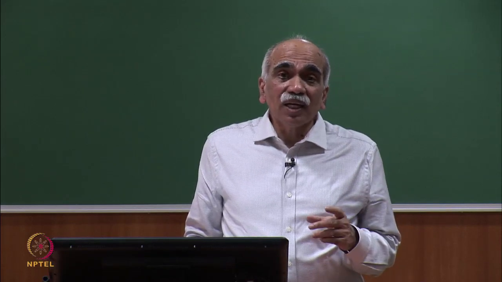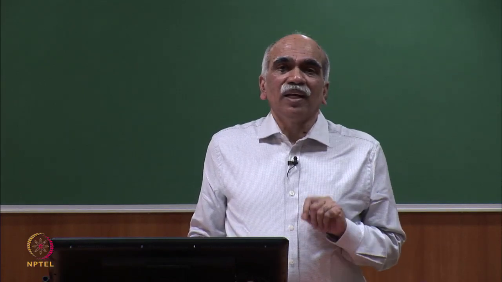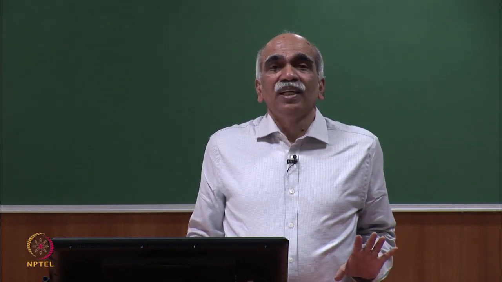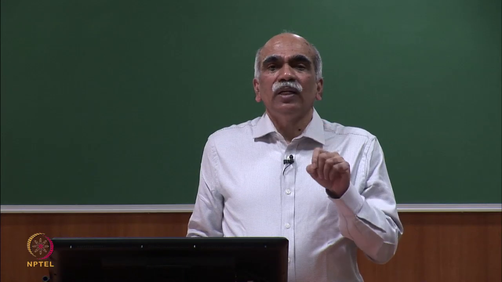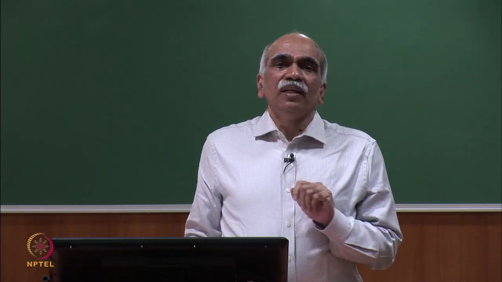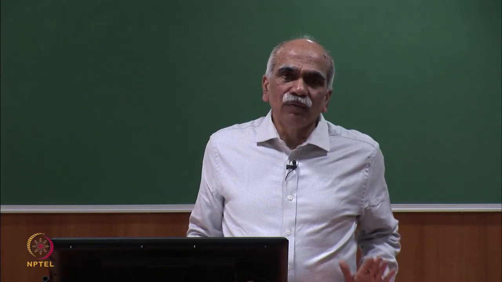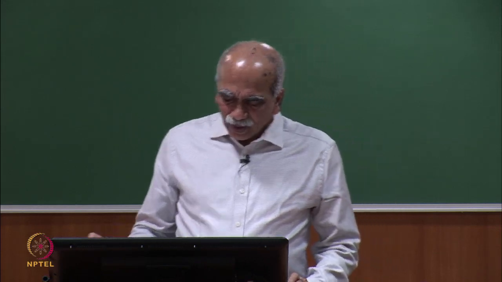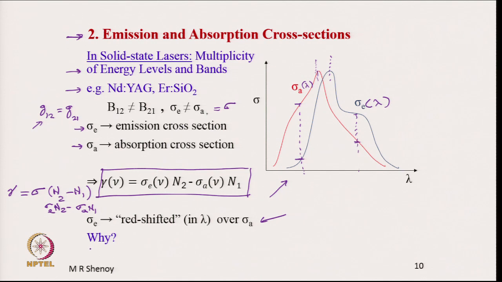But if sigma E is not equal to sigma A, then N2 greater than N1 is not sufficient. It is sigma E into N2 that should be greater than sigma A into N1 to have gain in the medium.